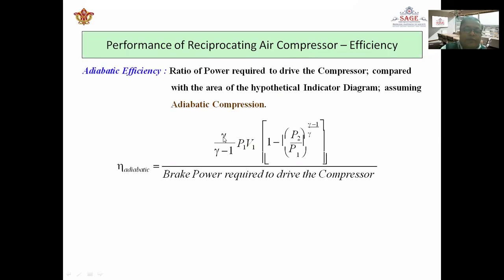The total adiabatic work done is gamma upon gamma minus 1, represented by the formula P1 V1 in the bracket of 1 minus P2 by P1 to the power of gamma minus 1 by gamma. The adiabatic efficiency is the adiabatic power to the brake power required to drive the compressor.